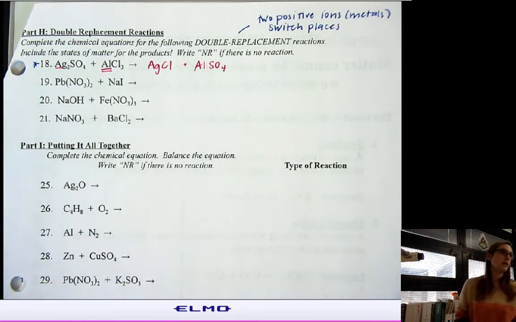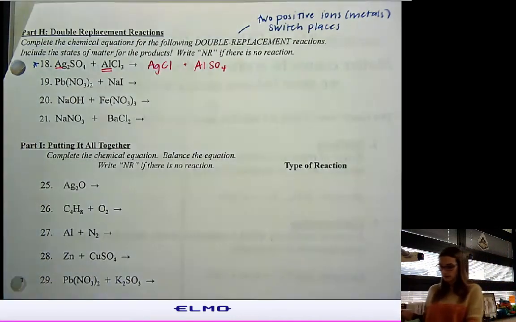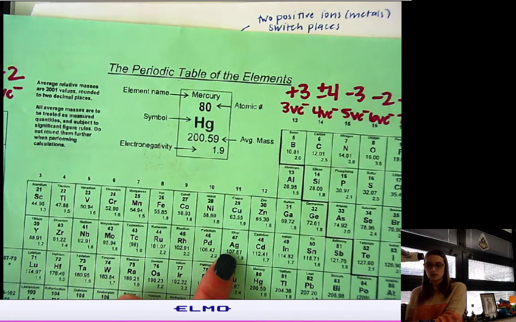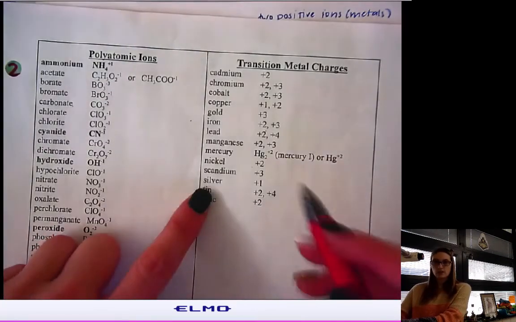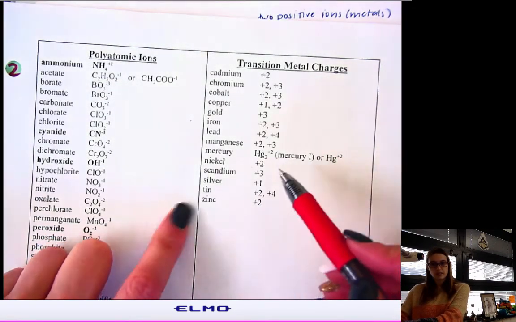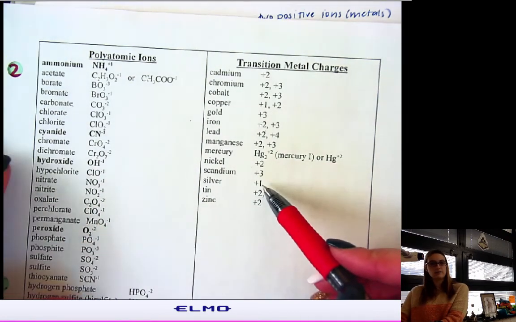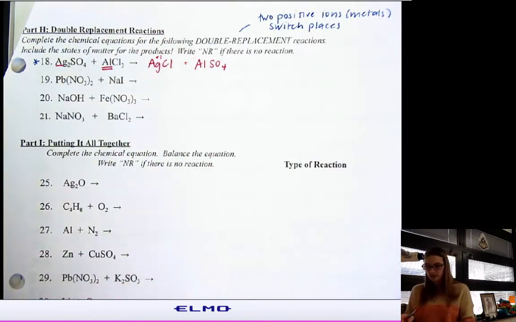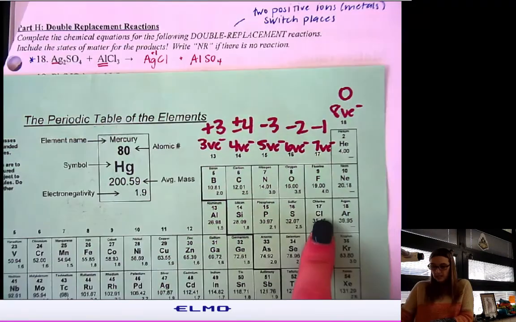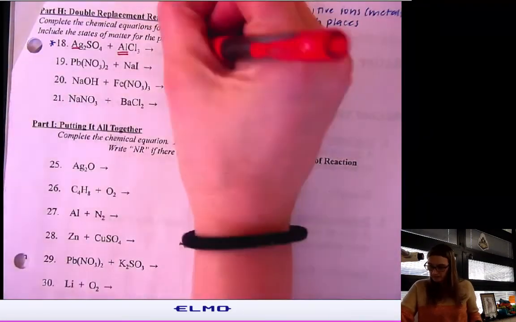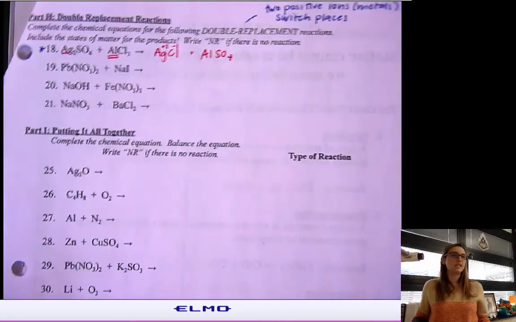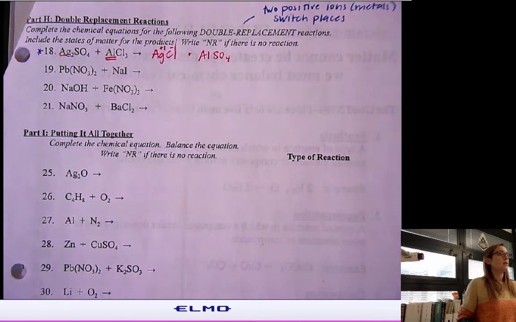Silver is a transition metal. Right? Silver falls right in the dip of the periodic table. So if we look at our transition metal list, silver's +1. So above silver, I'm going to put +1. Cl, it's a halogen, it's -1. Okay, so +1, -1, that cancels out. It's just AgCl. Then we have aluminum and sulfate.